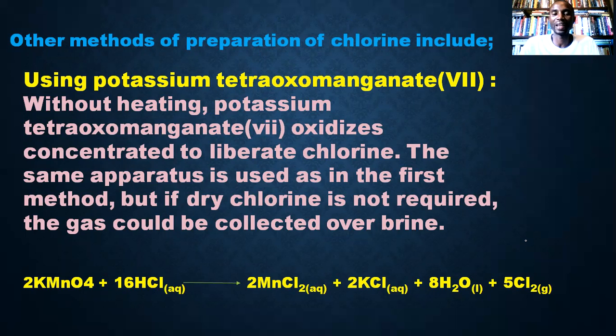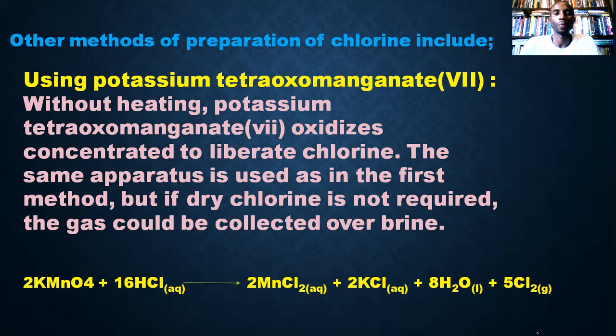Brine is concentrated sodium chloride. This is the equation for the reaction: potassium permanganate, which is potassium tetraoxomanganate(VII), reacts with concentrated hydrochloric acid, and chlorine, as you can see here, will be produced. It is collected the same way as the other one, through downward delivery or upward displacement of air in the same setup.